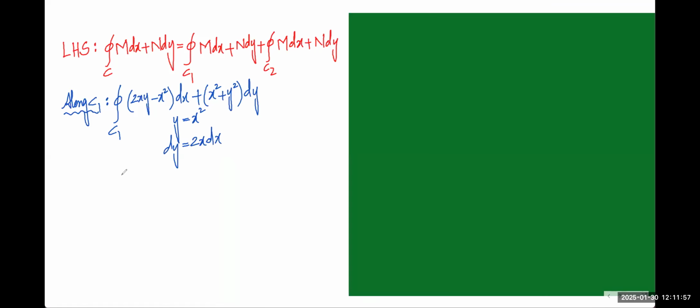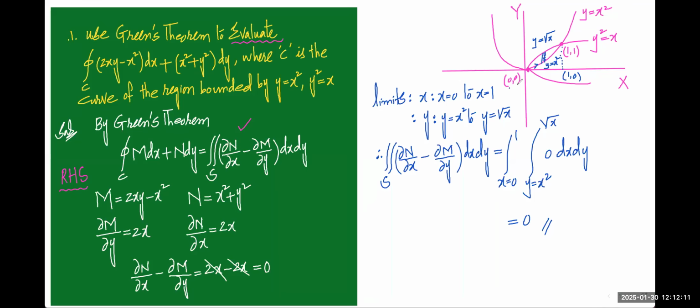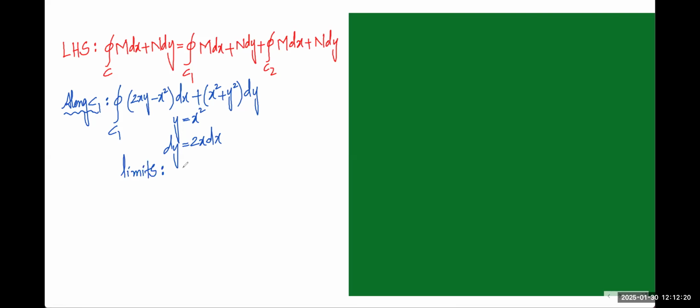Now the most important thing is limits. We are converting our question in terms of x, so we should take the limits of x only. So 0 to 1 will be the limit: x is equal to 0 to x is equal to 1.